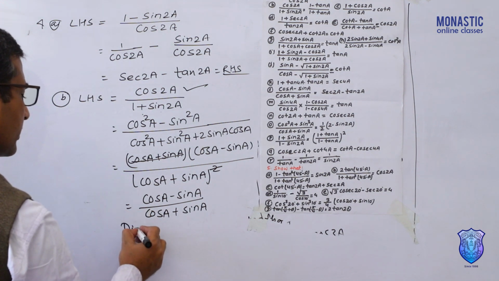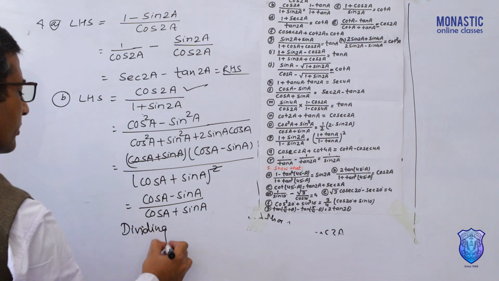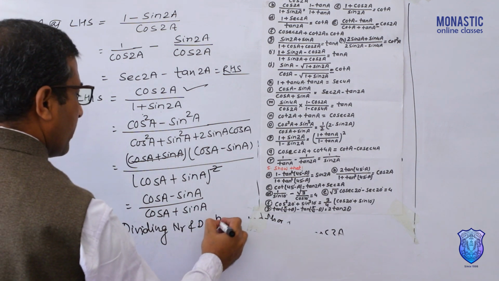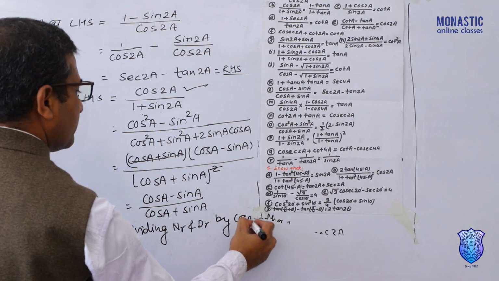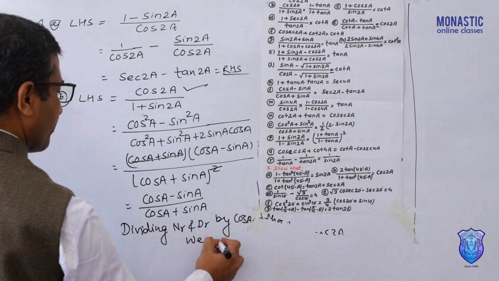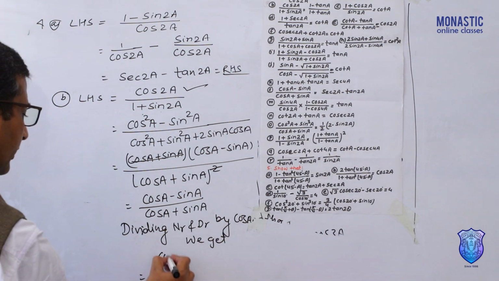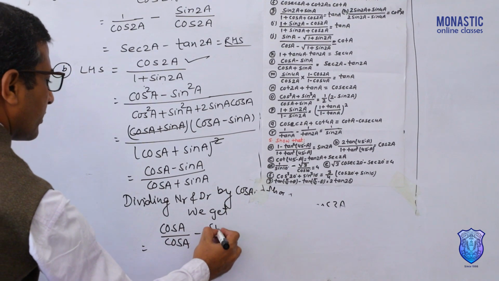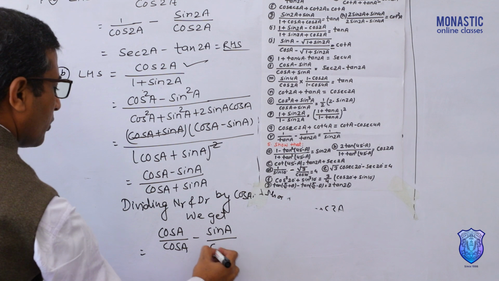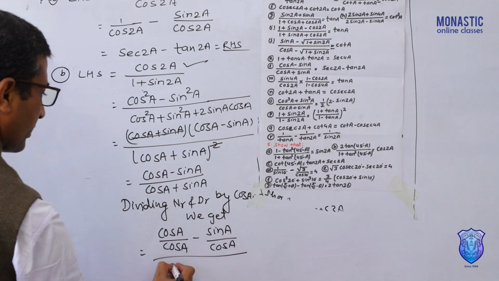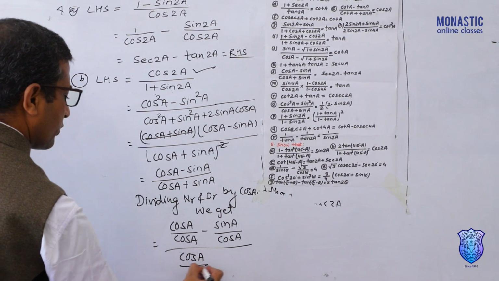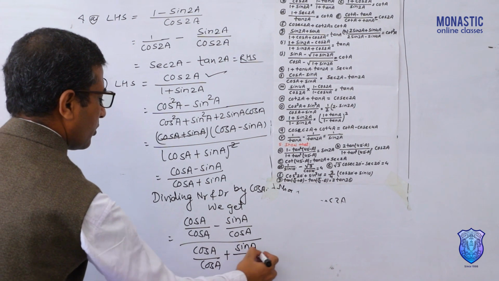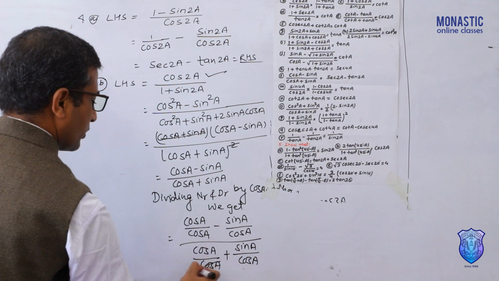Dividing numerator and denominator by cos A, we get cos A by cos A minus sin A by cos A, cos A by cos A plus sin A by cos A. Do the simplification.